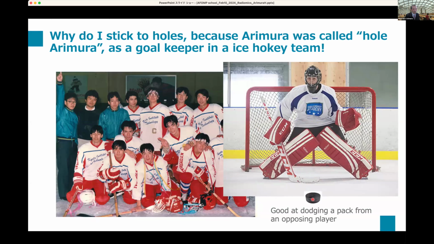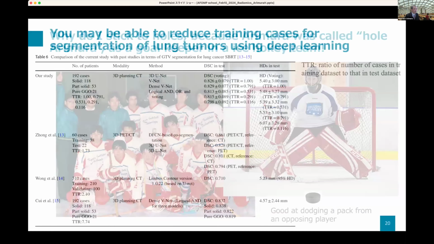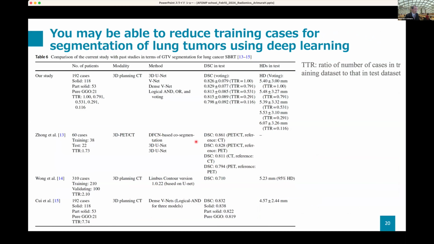Sometimes it went through into the goal. That's why I was called Paul Arimura. Anyway, I love folds. And this is another topic. Sorry, this is just a break.